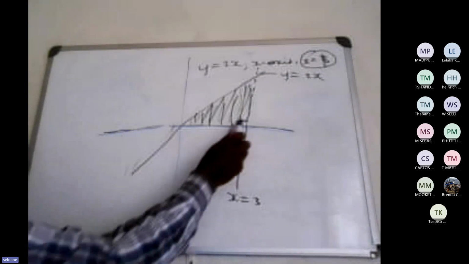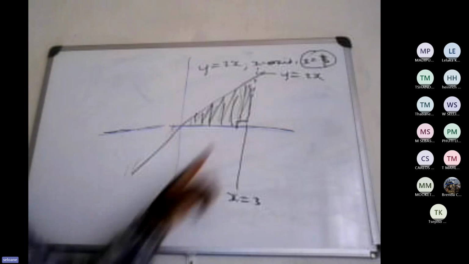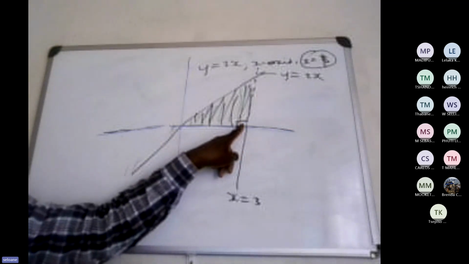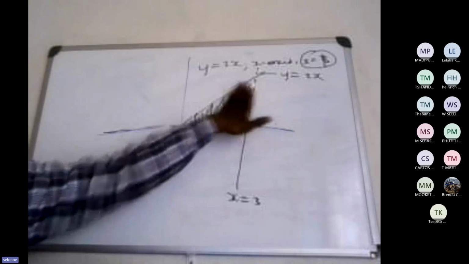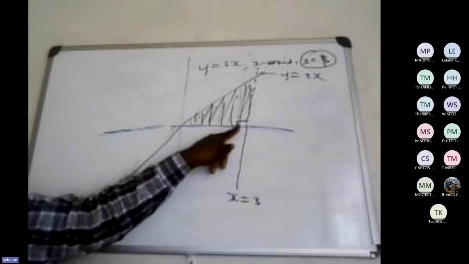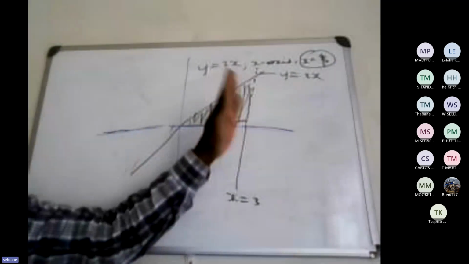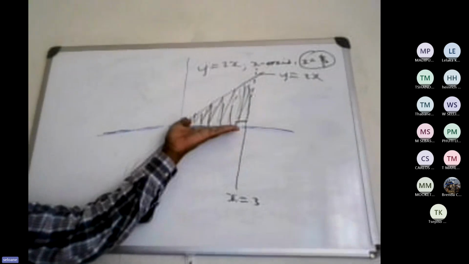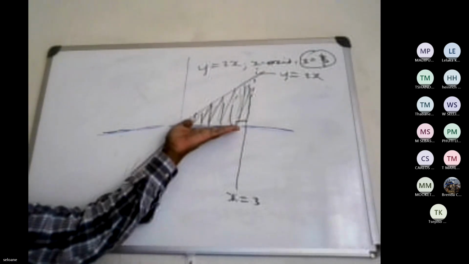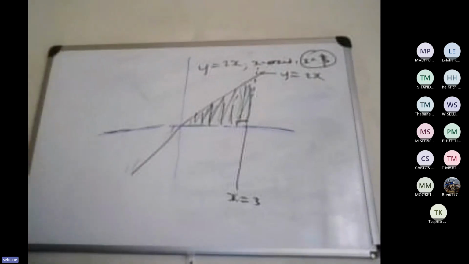Therefore, the whole region is a right-angled triangle, and this is the right angle. Therefore, besides using integration, because now this is standard, because it's a right-angled triangle, we can use the standard formula.